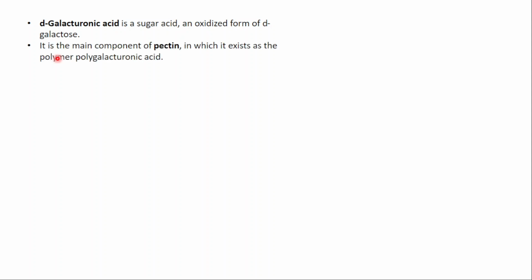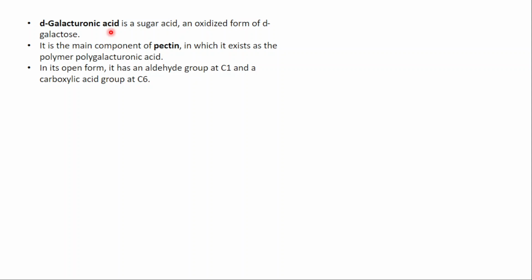And D-galacturonic acid is the main component of pectin, which was the question about, in which it exists as the polymer of polygalacturonic acid. So pectin is nothing but many molecules of galacturonic acid joined together to form a polymer which is now known as pectin.